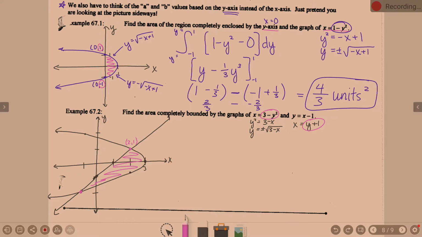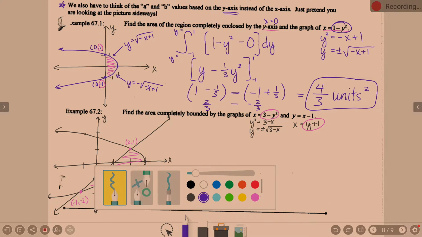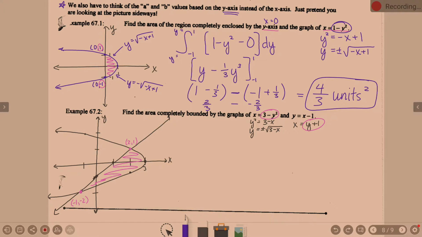My bottom point is at the ordered pair -1, -2. Do you see why I was so specific about how I graphed mine? I didn't just draw a line and a parabola because I have to know these points, right? Now, what values am I using from there? The y values, so 1 and -2, is that what you guys said?